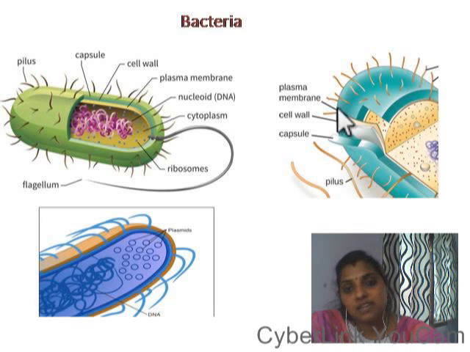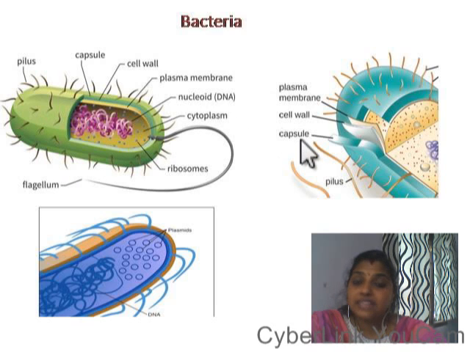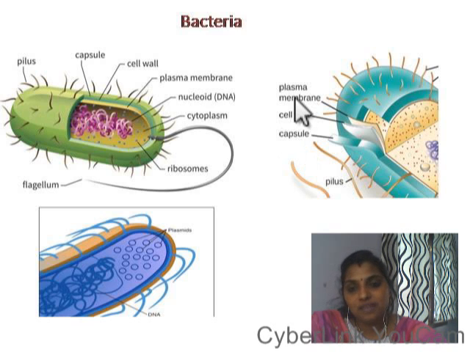The DNA material is freely suspended in the cytoplasm, and externally it shows three layers of covering. The outermost is called the glycocalyx, the middle one is the cell wall, and the innermost is the plasma membrane.